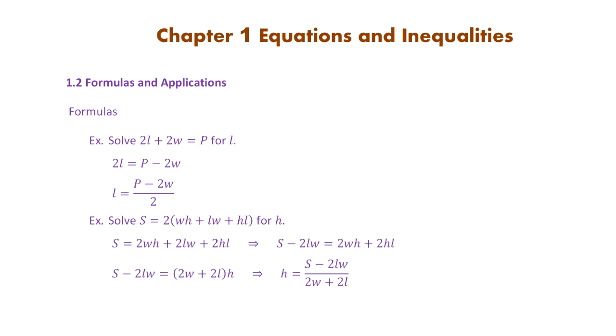Then we can factor h from the right to get 2W plus 2L times h. Then you divide by 2W plus 2L on both sides to get h equals s minus 2LW over 2W plus 2L. Does that make a little sense to you now?